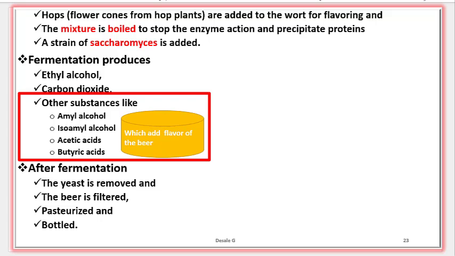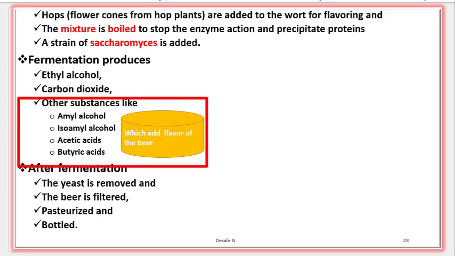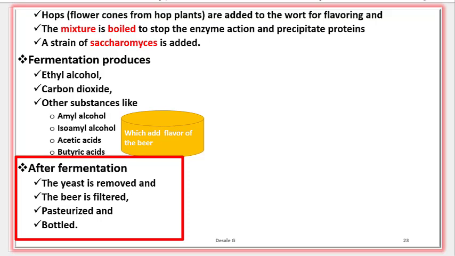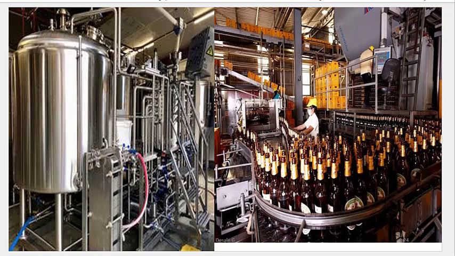And the fermentation can also produce other substances like amyl alcohol, isoamyl alcohol, acetic acid, and butyric acid, which add flavor to the beer. After fermentation, we must remove the yeast cells, and the beer must be filtered, pasteurized, and bottled. This is the photograph that exhibits where beer production is performed.